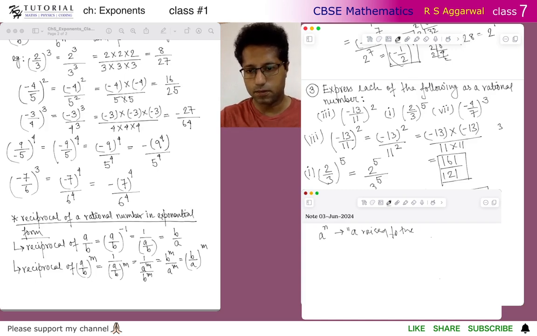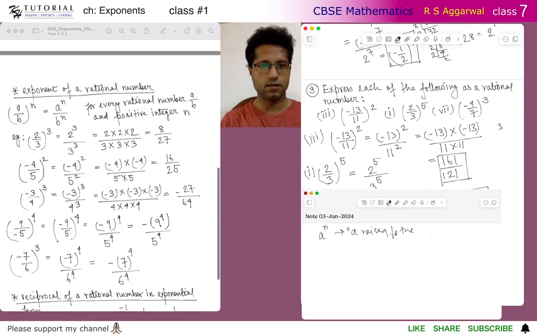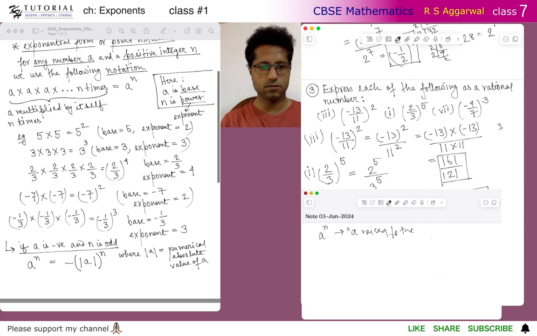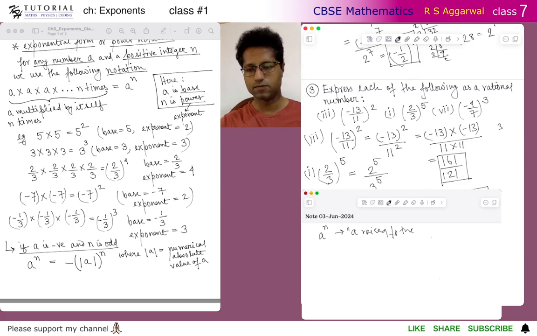Now instead of doing minus 4 into minus 4 into minus 4, you can apply the concept I mentioned on the first page, at the bottom: if a is negative and n is odd, the result is negative. So this is minus 4 into 4 into 4 divided by 7 into 7 into 7.